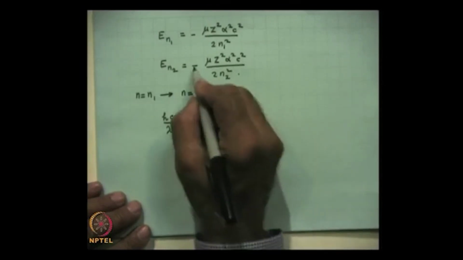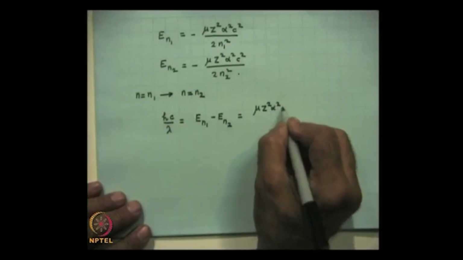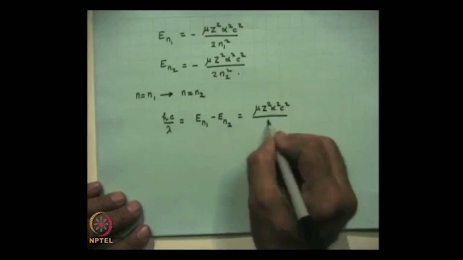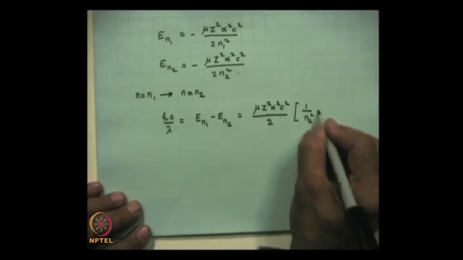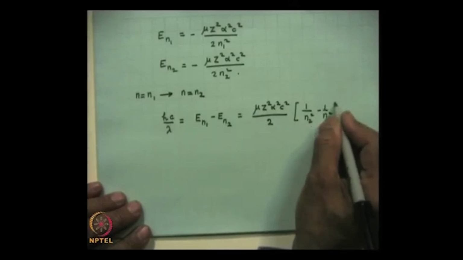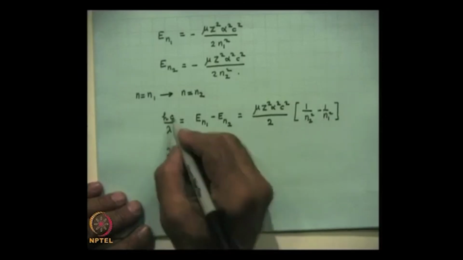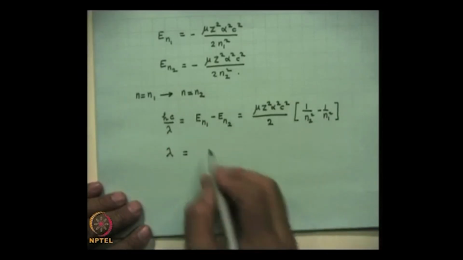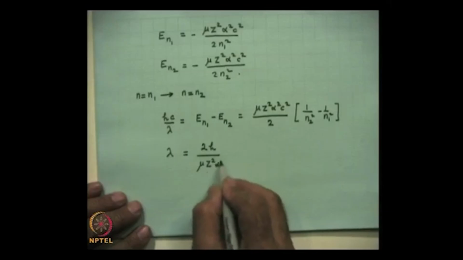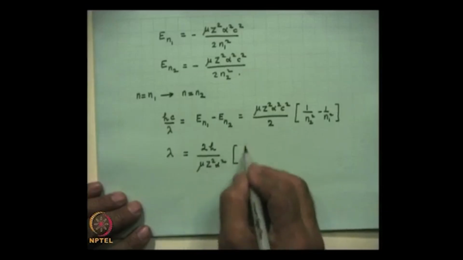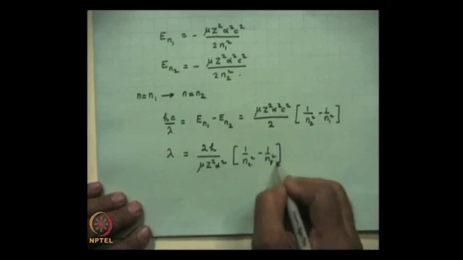So, this will be mu z square alpha square c square by 2 times 1 over n2 square minus 1 over n1 square. So, the wavelength of the emitted light will be, c will cancel out, 2h by mu z square alpha square into 1 over n2 square minus 1 over n1 square raised to the power of minus 1.